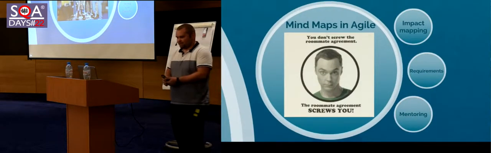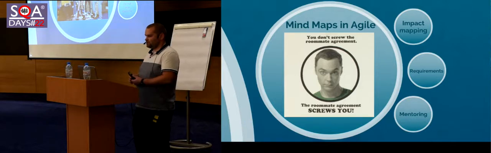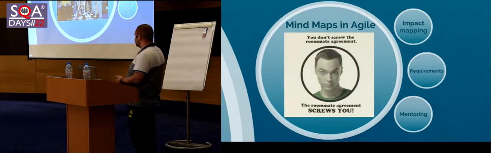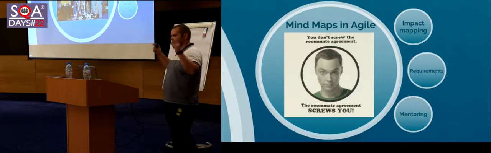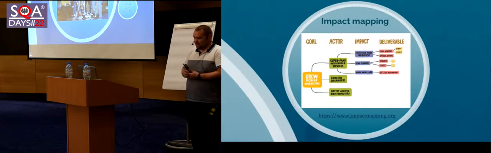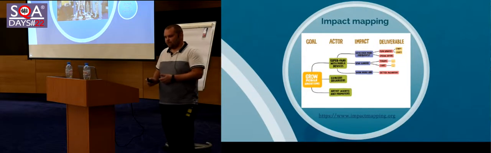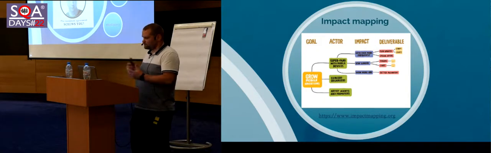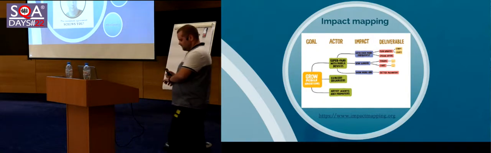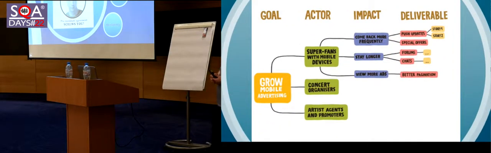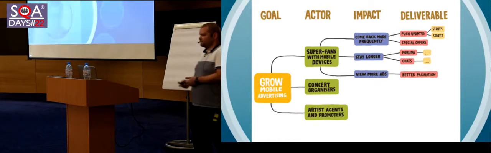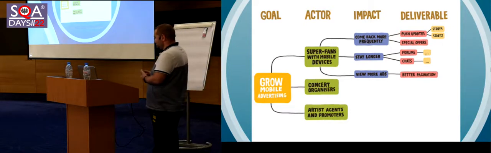So now to Agile, because we all live in the Agile world. I think that the Sheldon here lives in some kind of hybrid development. But mind maps in Agile are very useful for the same reasons as in testing, because they provide a structure. And I would like to start with impact mapping.